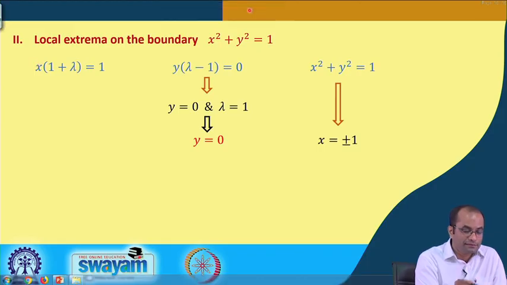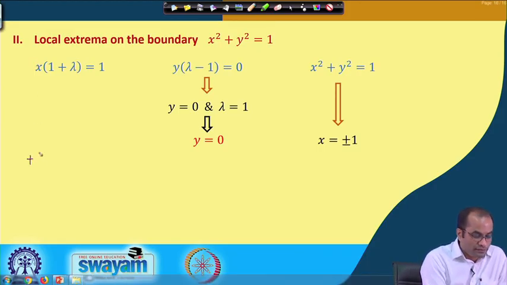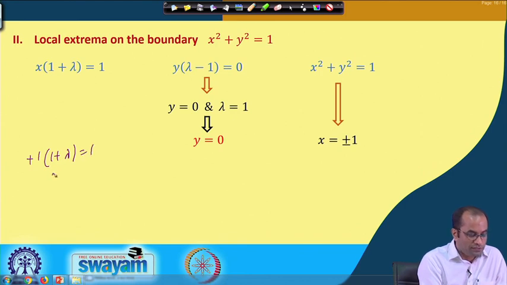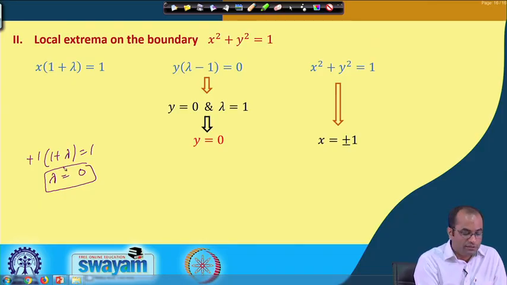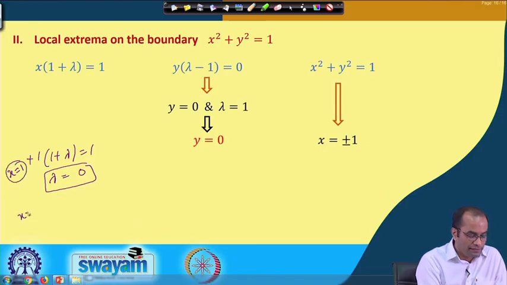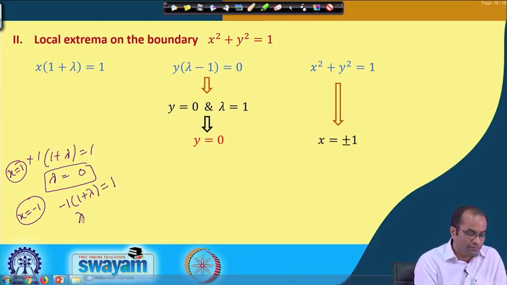Now, from the first equation, having x equal to plus minus 1: if x is plus 1, we have 1 plus lambda is equal to 1, so lambda will be 0 in that case. And if we have x equal to minus 1, we have minus 1 times (1 plus lambda) equal to 1, so lambda will be minus 2 in this case.